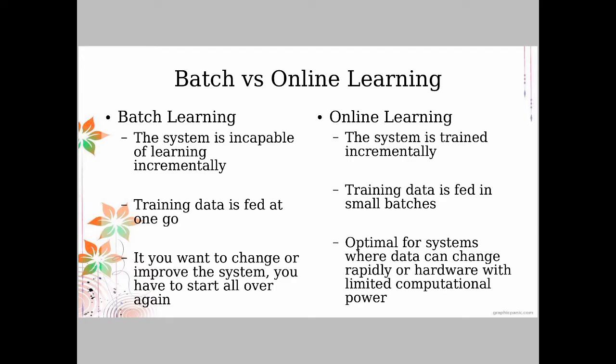You need to start again from scratch, with a new and updated training data set. So that's batch learning. It's a bit difficult and complicated, because it requires a large computational capacity as well as a large database from the get-go. And of course, once it's done and you want to change something, you need to start again.